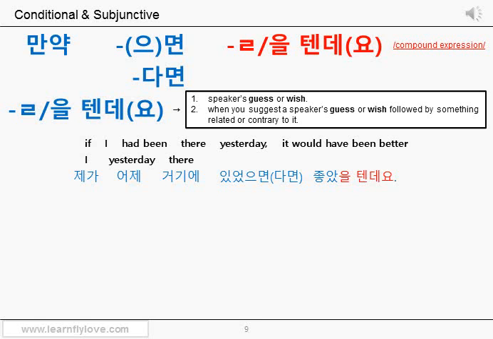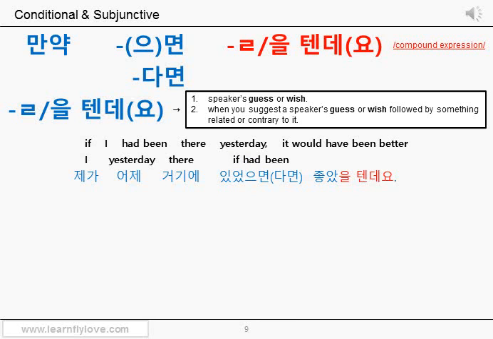있었으면 or 있었다면. It's the combination of the stem 있 from 있다, which means to be at a location, and the past tense indicator 엇, and the connective ending 으면 or 다면, which turns the clause into conditional. 있었으면 or 있었다면.